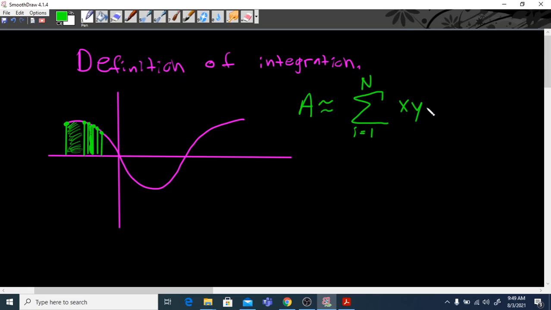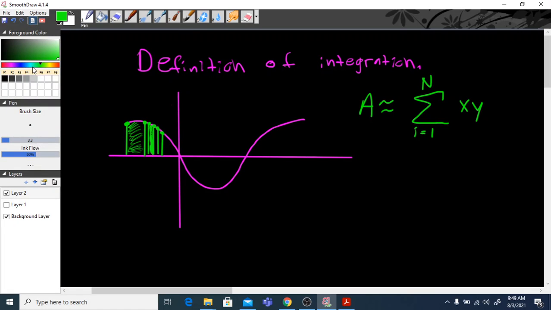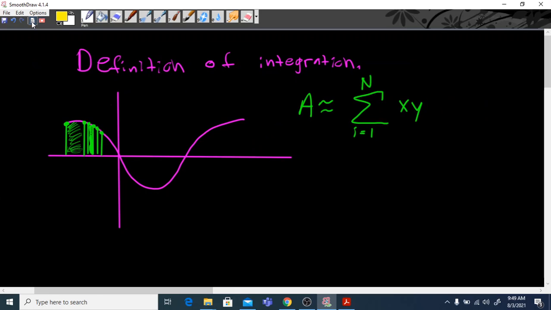Now I am going to change these symbols ever so slightly, just so we understand better what's going on. Instead of x, it's actually a width, the change in x. And y is just going to be f of x. Remember, y is a function of x.